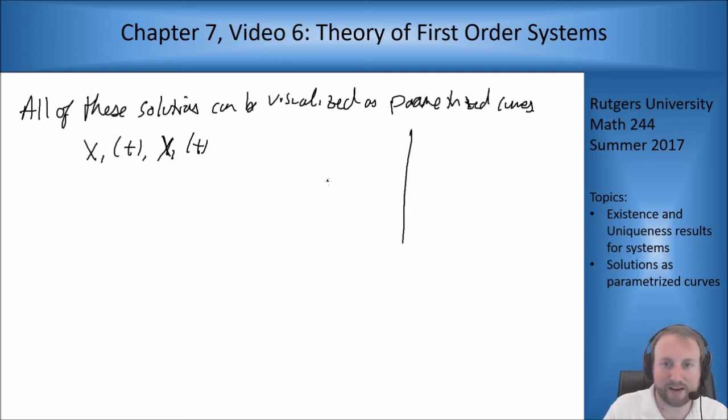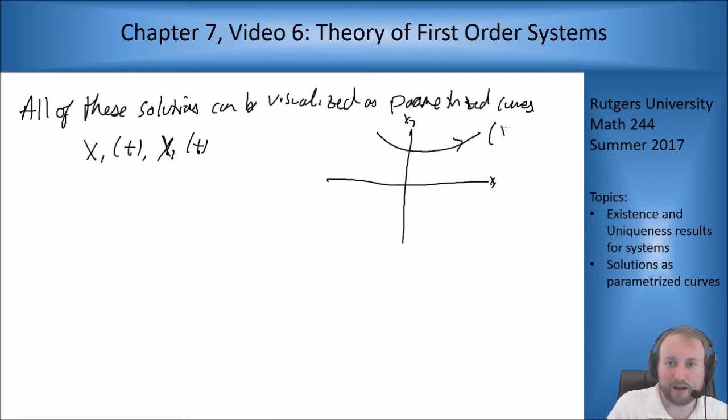I could have, say, x1, x2, and this be my solution, x1 of t, x2 of t. To get an equation for that, you could solve out for t and see what happens, but you can think about these solutions as being parameterized curves. It works a lot better in 2 dimensions, where you can actually draw that, but even in, like, 4 dimensions, you could think of this as just tracing out a curve in 4-dimensional space.